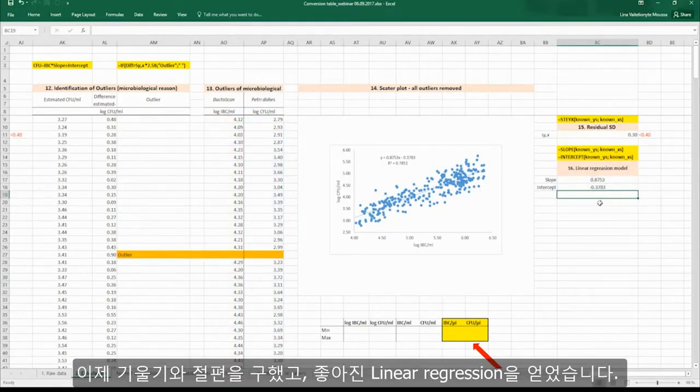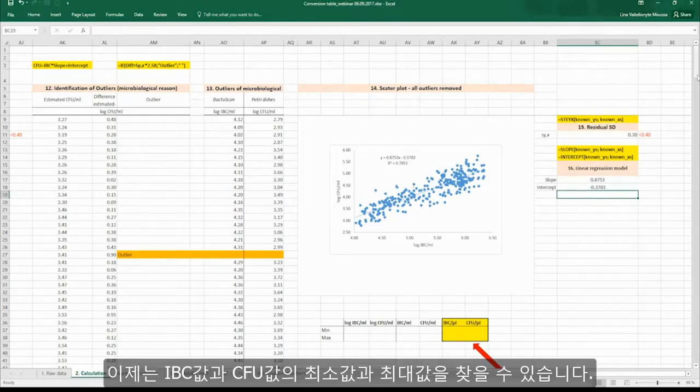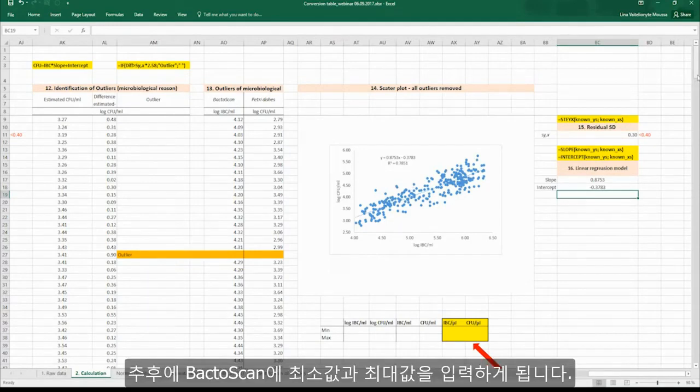So now we have slope, intercept, we have very nice linear regression, and R squared is more than 0.7, it's 0.7851. So we can look now for minimum and maximum value of IBC and CFU, which will later be keyed into BactoScan.